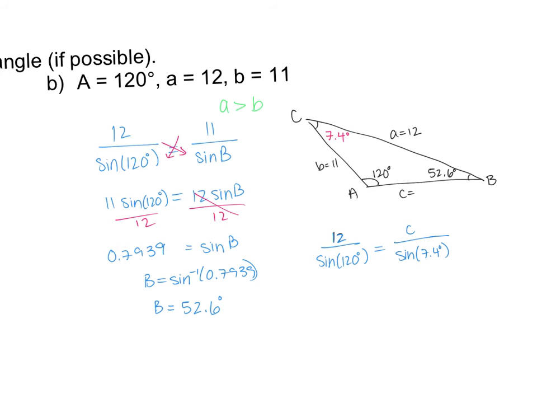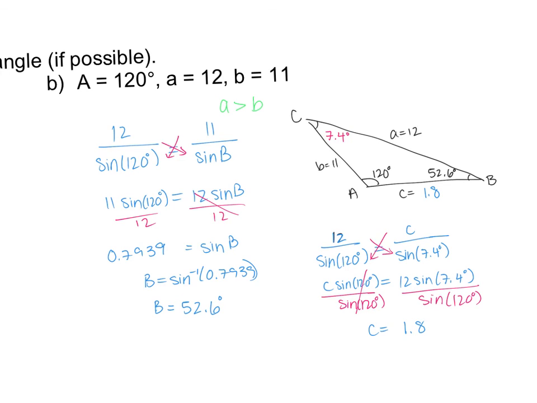Then I'll cross multiply: 12 sine of 7.4 equals C sine of 120. I have to divide the sine of 120 over to the other side. So C is going to be 12 times sine of 7.4 degrees divided by sine of 120, which gives me 1.8.